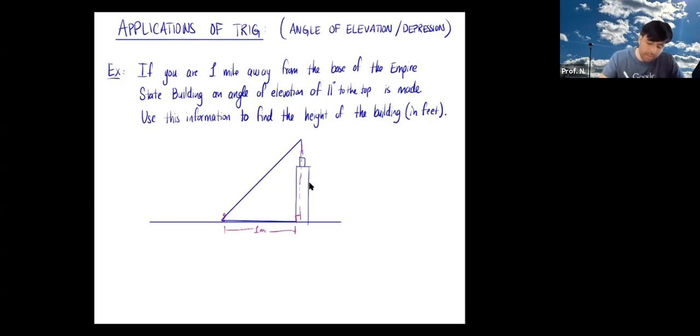This angle here is 11 degrees. And this height, I can call it x. X is the height of the Empire State Building.